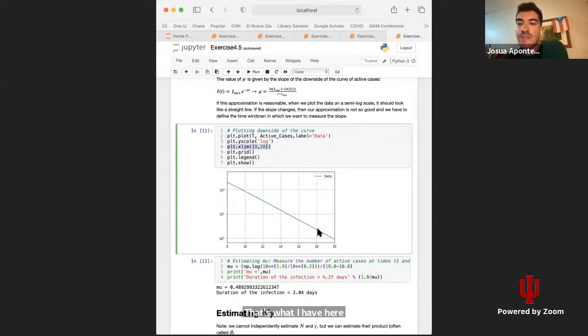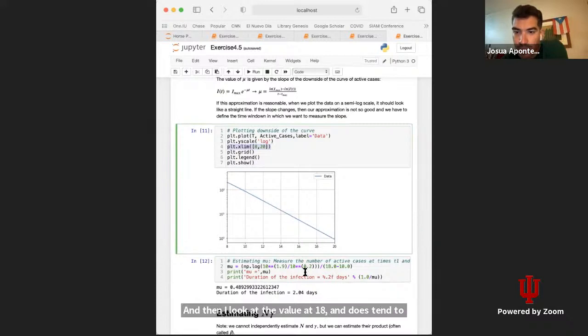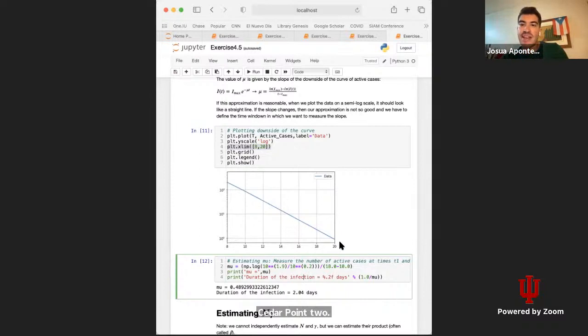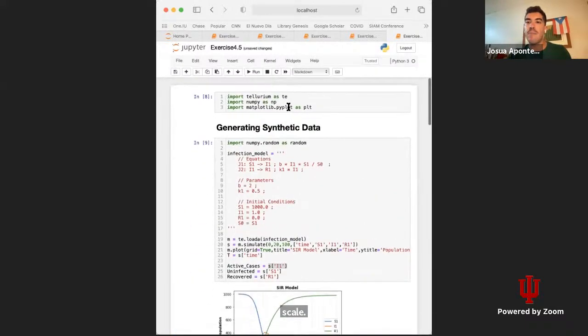Then I pick a second value on this line, because what I want to get is the slope. I chose 18, and the value at 18 is 10 to the 0.2. So I'm basically taking the slope of this curve in the semi-log scale, and I use that information to calculate mu.